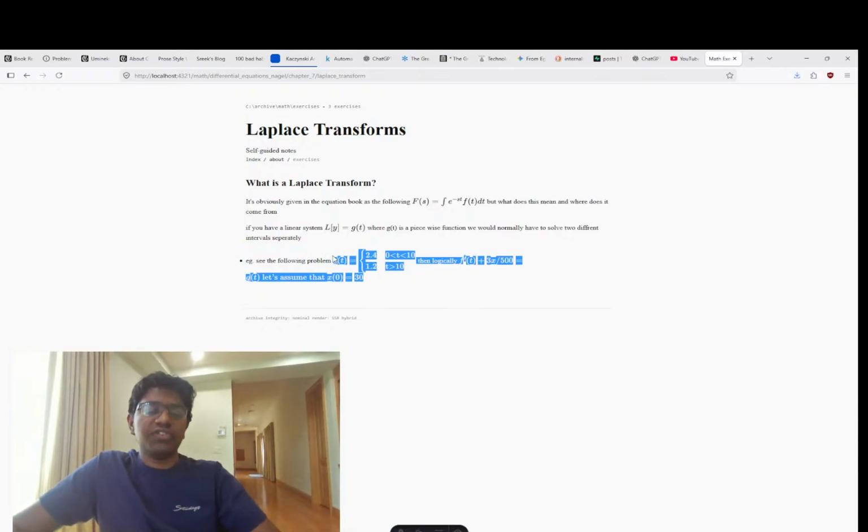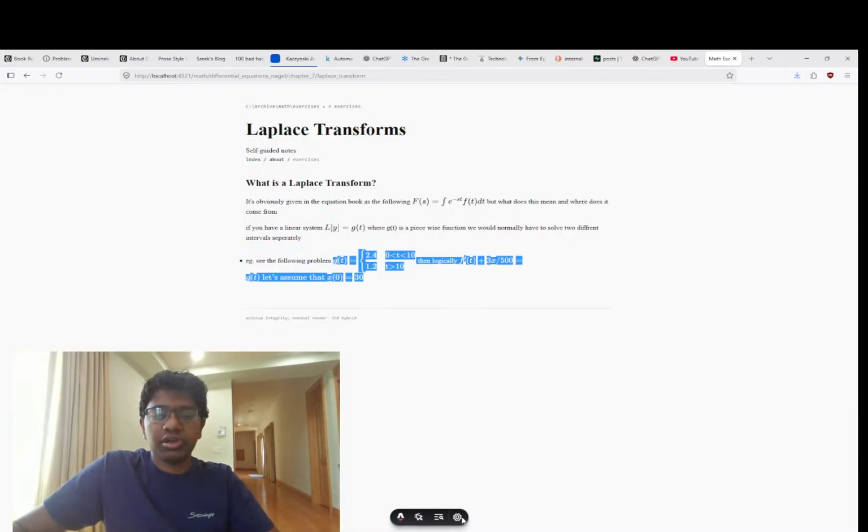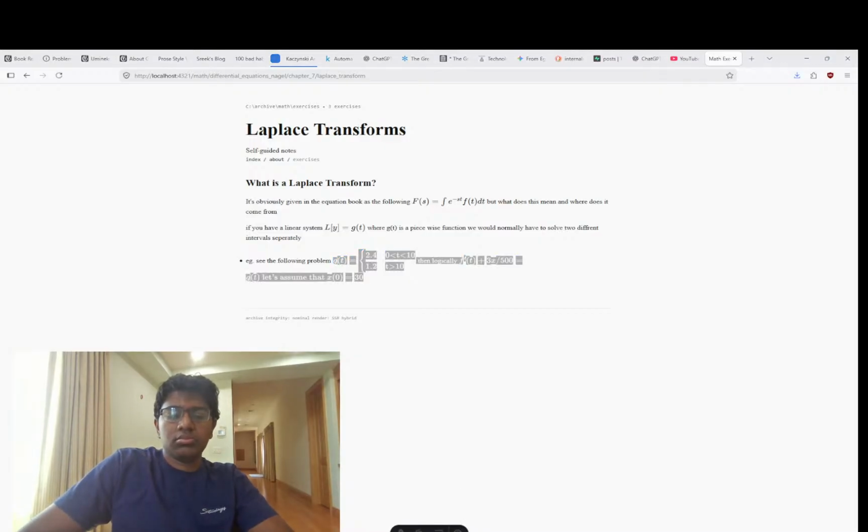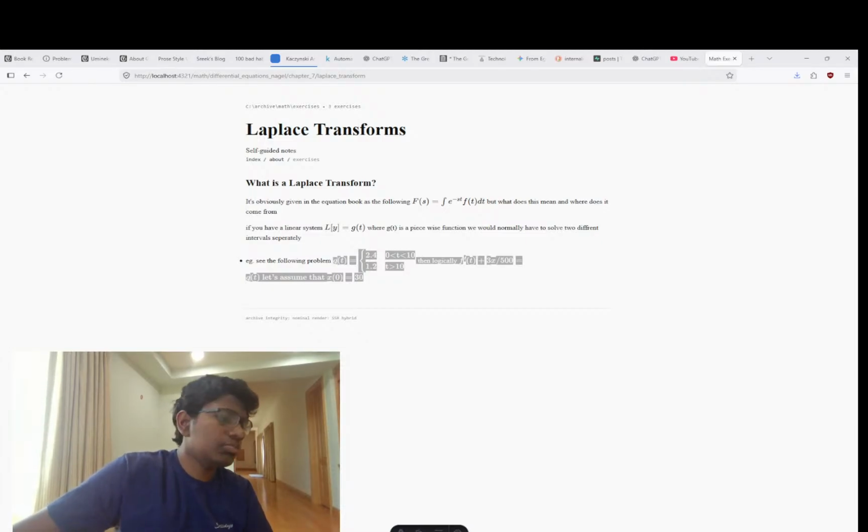I think we should just solve this problem the other way, just to make sure that we know how to do it. So let's do that first, and then we'll expand on this last method and explain how it works. Also, I made a mistake.